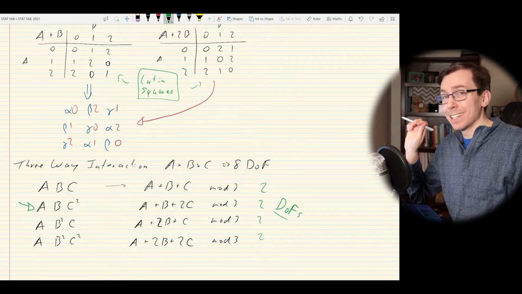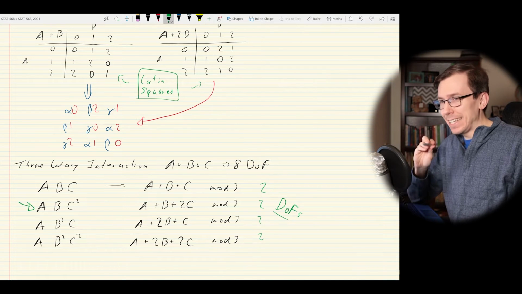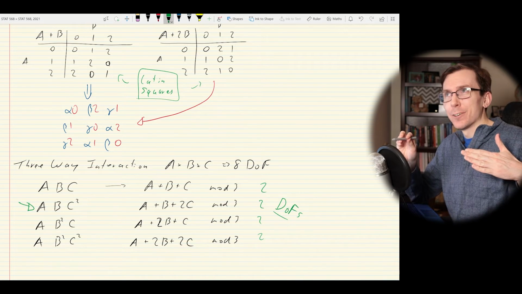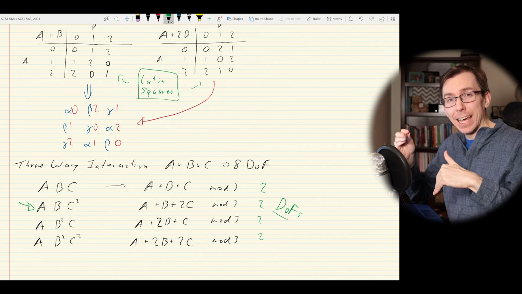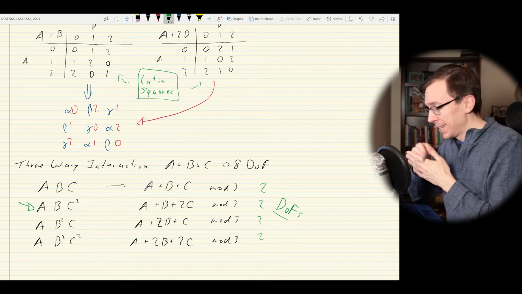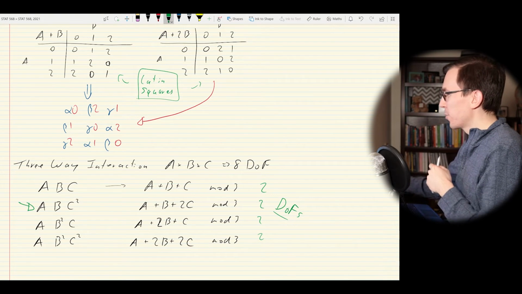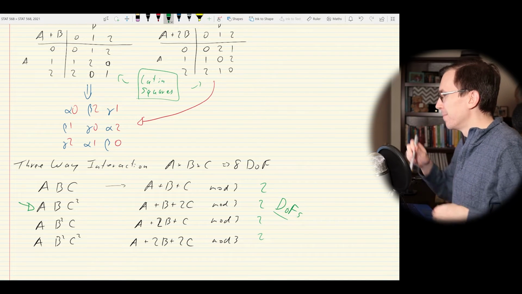That will change a little bit if we have ordinal factors, because then we can see how the response grows or shrinks or changes as we move from factor level 0 to 1 to 2. We're not quite there yet, though. Actually, we're about to be there.